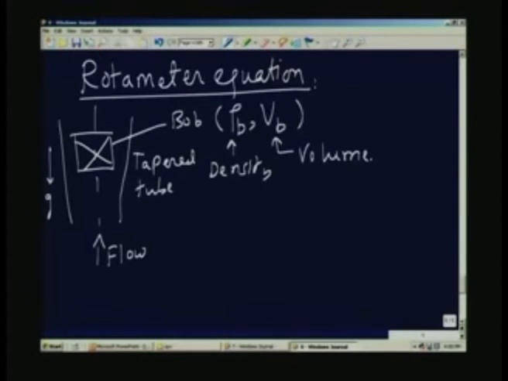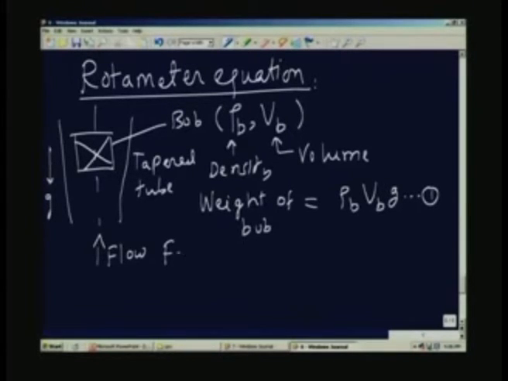In fact you can see that the weight of the bob will be nothing but rho b Vb multiplied by g, the acceleration due to gravity at the location where we are doing the experiment or where we have set up the rotameter. So this is one force which is to be taken into account. What are the other two forces? I have already talked about them.